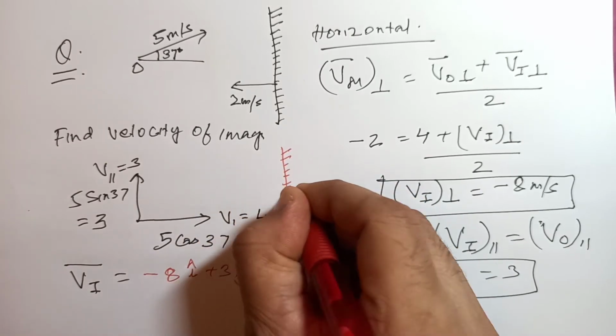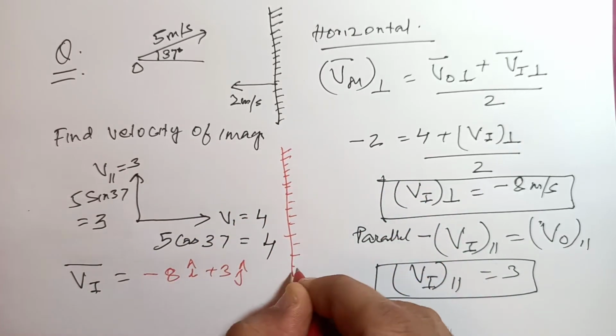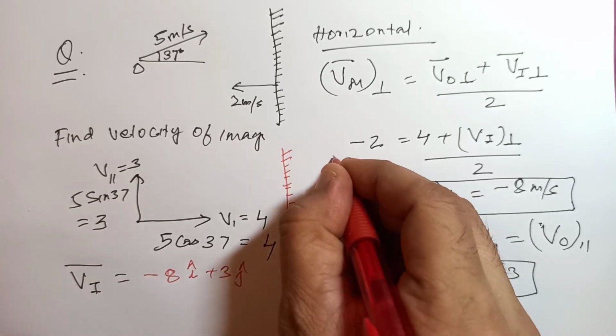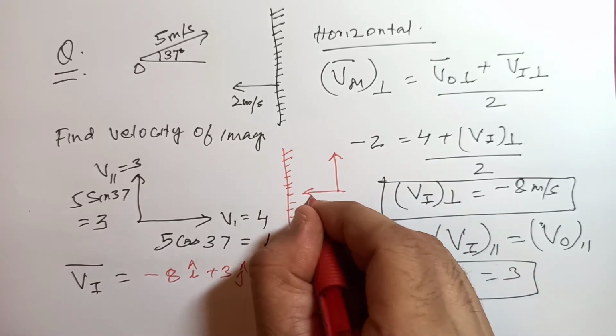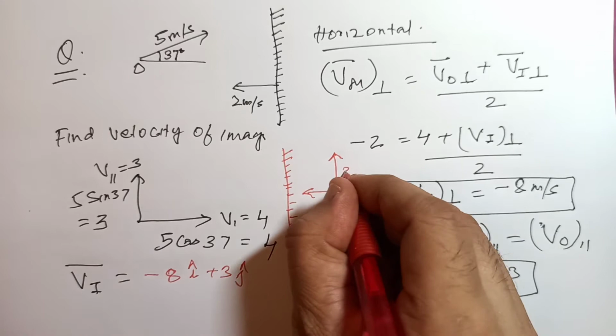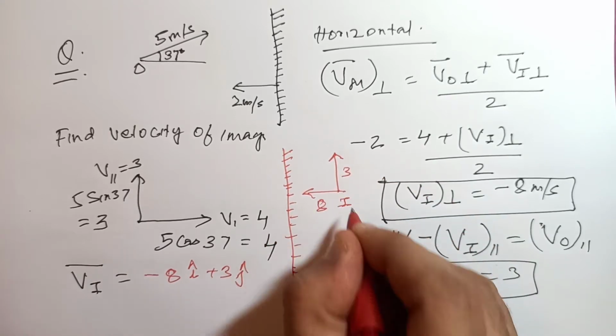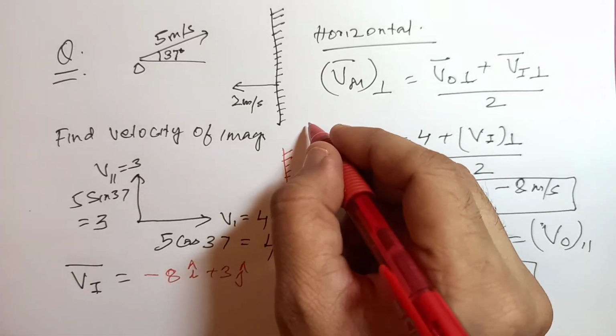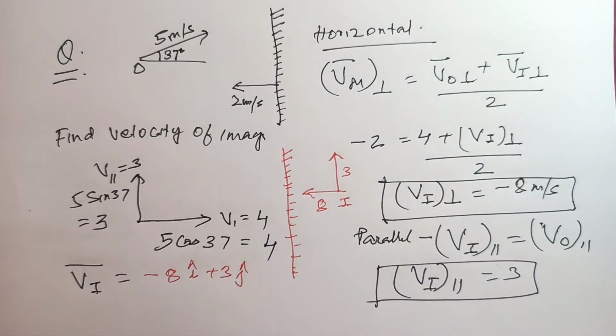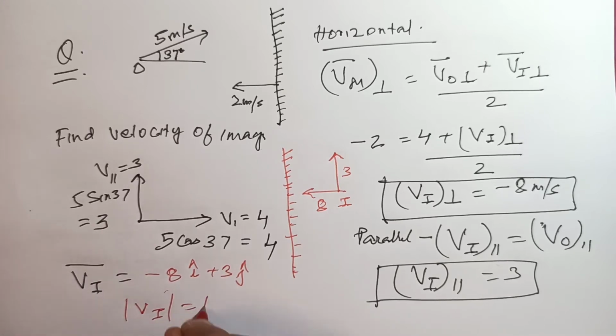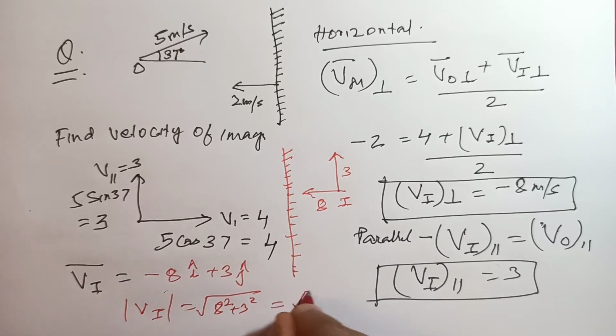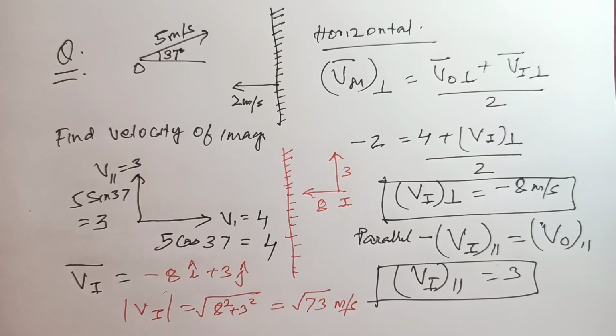This is the mirror, and the movement is in this direction, and the image movement is this, 3, 8 and i. So I can say minus 8i plus 3j, and if someone asks for magnitude, it is 8 square plus 3 square, equal to under root 73 meter per second.